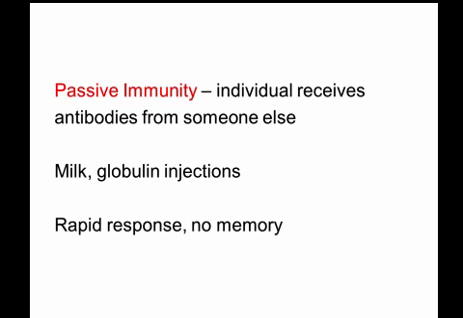So if we are ill and we get something like a globulin injection, the response is going to be very, very rapid because we're not having to go through our own B cell activation and clonal expansion. However, there are also no memory B cells produced, and so we will not have subsequent immunity as a result of passive immunity.